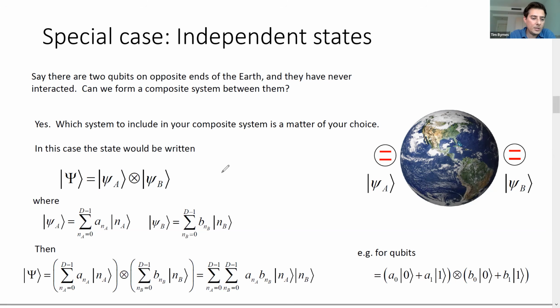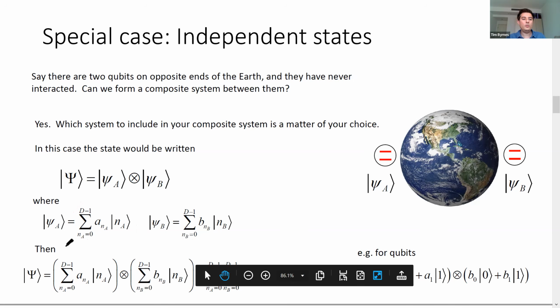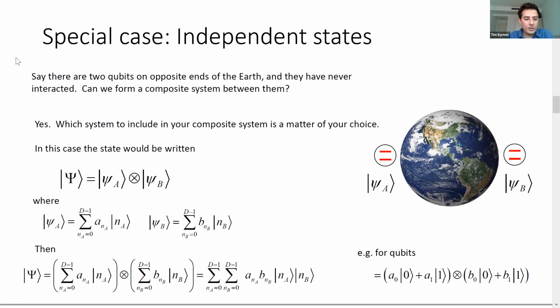So in this example, you have the state here, which is just a superposition, like we encountered in the earlier lectures, and then Bob has his one. You just form a tensor product between those two states.